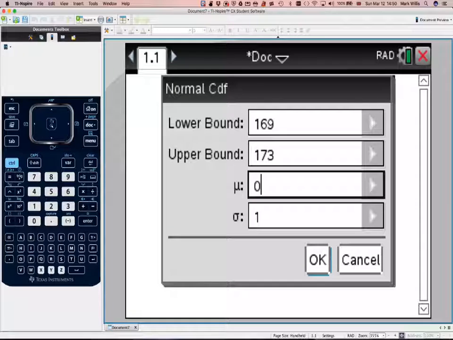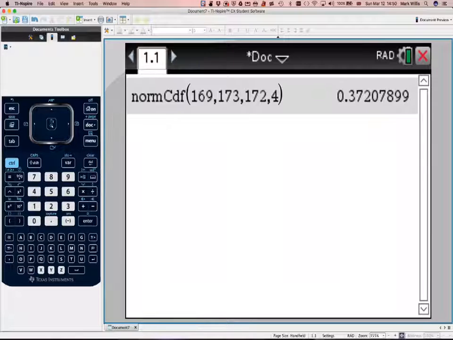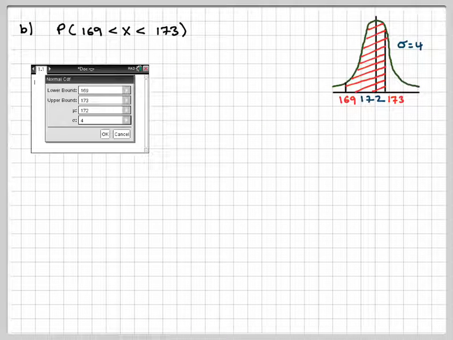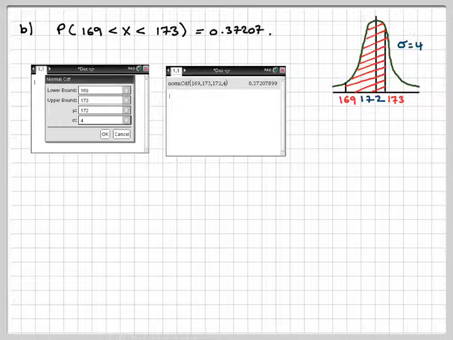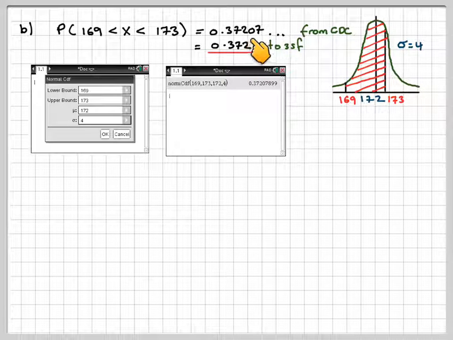The mean needs to be 172, and the standard deviation needs to be 4. Press OK and we get an answer of 0.37207. Write down the full calculated value, and then a value rounded off to 3 significant figures. So that 0 has no effect on the 2, so it becomes 0.372.